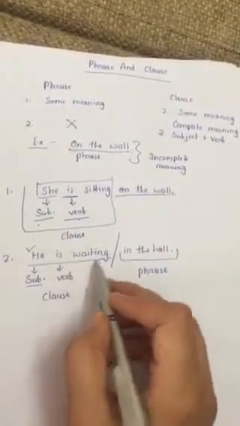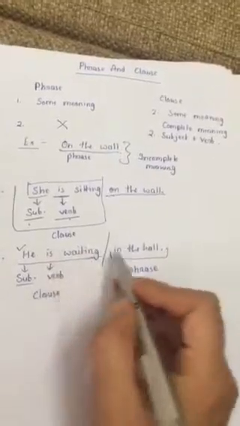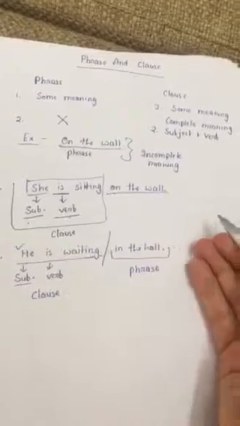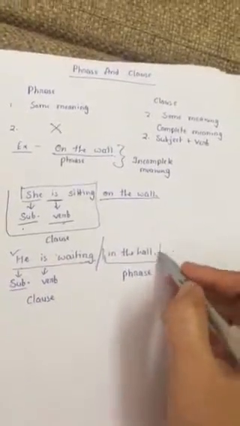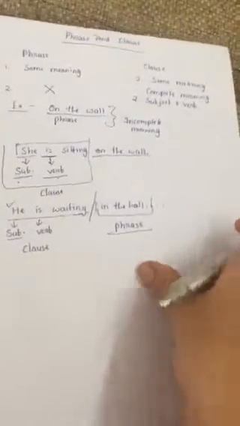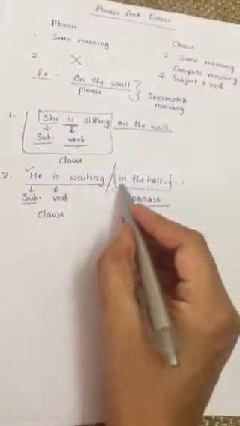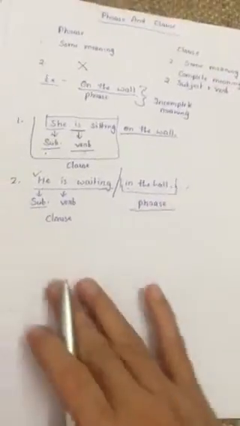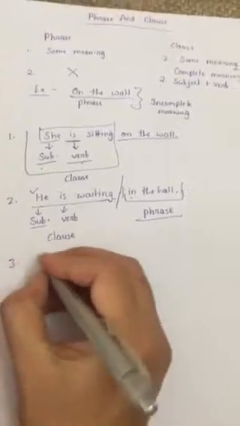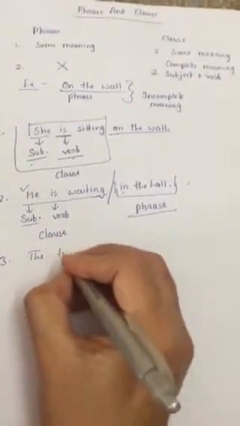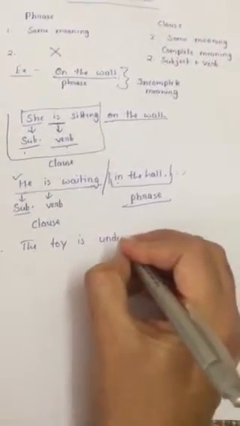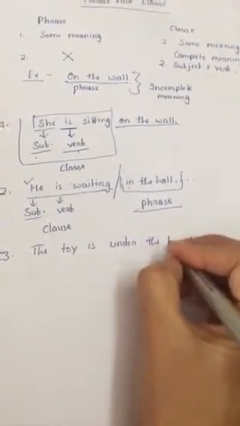"He is waiting" is complete in itself. But "he is waiting in the hall" gives you more information about where he is waiting. So these three words form a phrase, and "he is waiting" is a clause. Pay attention, here you will not find any subject or any verb. What if I write "the toy is under the bed"?